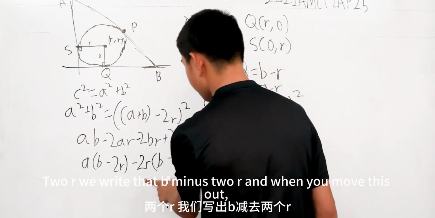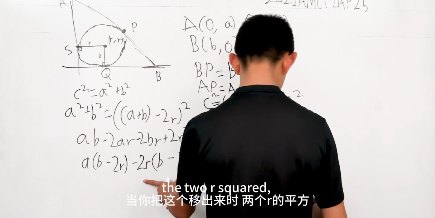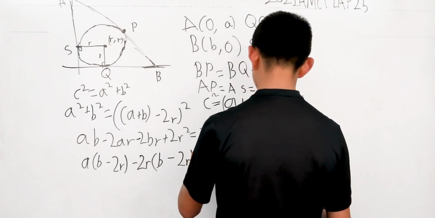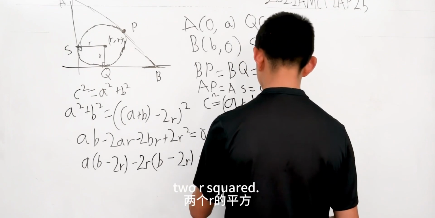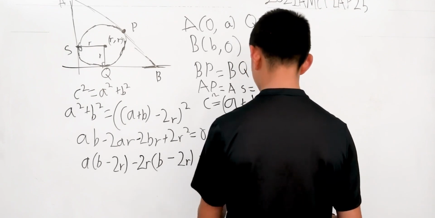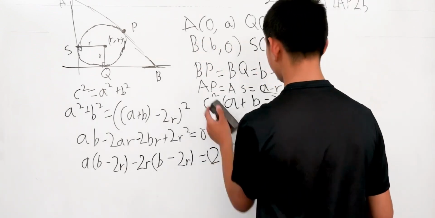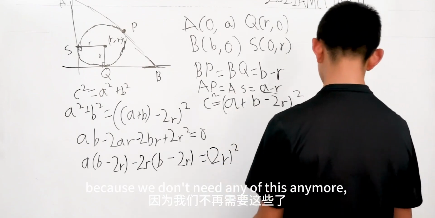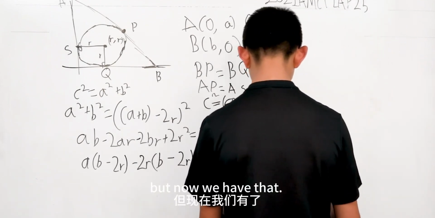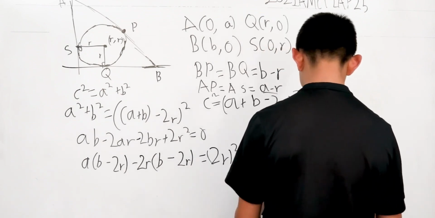And when you multiply this out, the whole thing is 2R squared, so we have to add it on the other side, 2R squared. Okay. That is a big equation, but we don't really need any of this anymore.